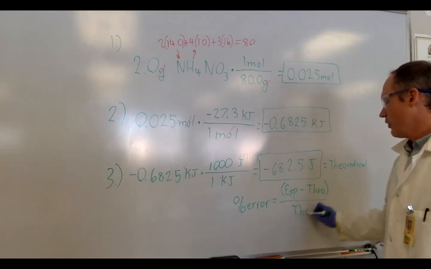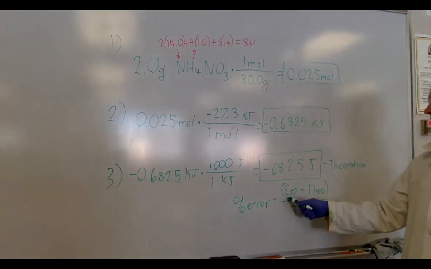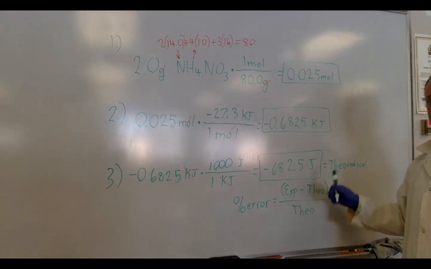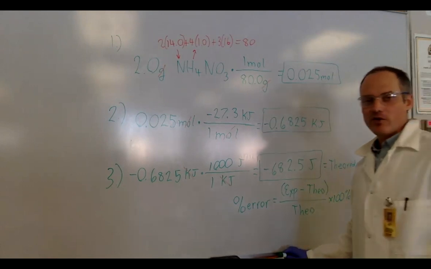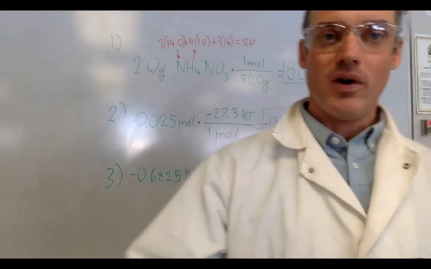So we can see how far off you are using this equation: you take your experimental value minus the theoretical, over the theoretical, times 100 to get your units in percentage. You really want that to be as low as possible. So we'll see how close we get to doing that.